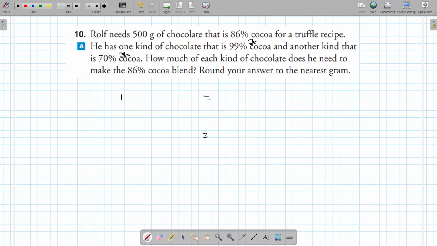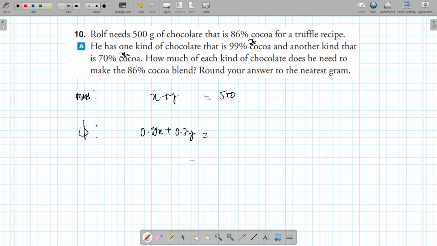So one of them will be the mass equation. So x plus y equals 500. The other one will be the dollar equation, the cost equation. So what is it? It's 0.99x and then 0.7y.